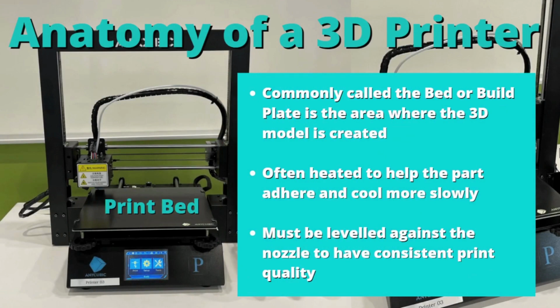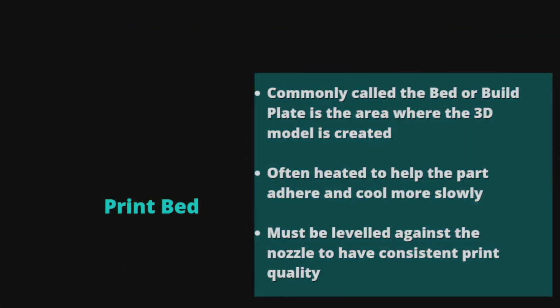The print bed, commonly called the bed or the build plate, is the area where the model is created. It's often heated up to help the model cool more slowly and help the part stick to the bed. It also must be leveled against the nozzle to have a consistent print quality.